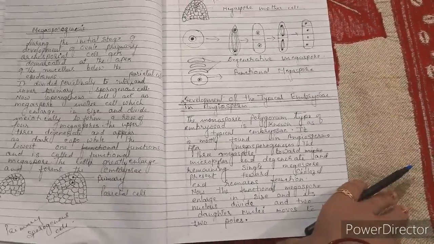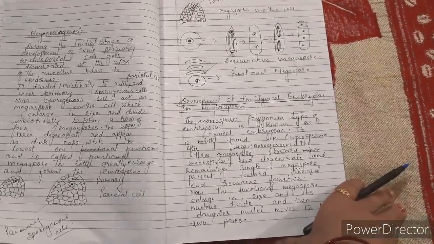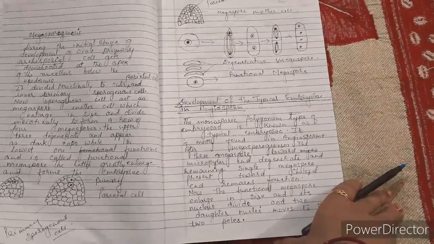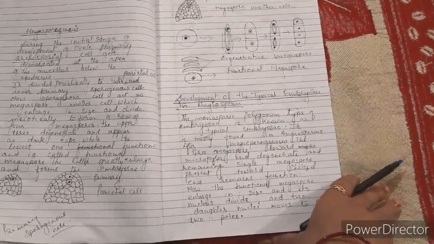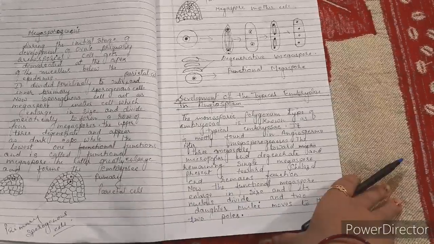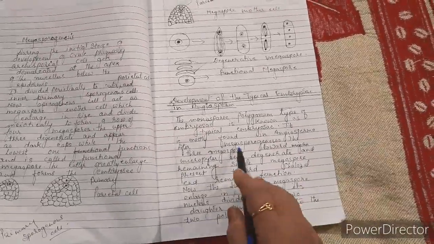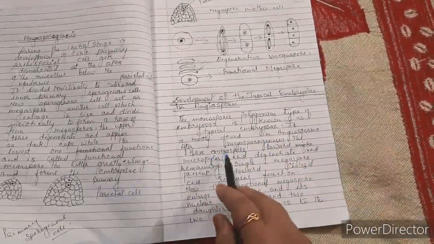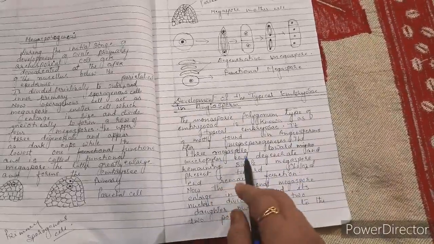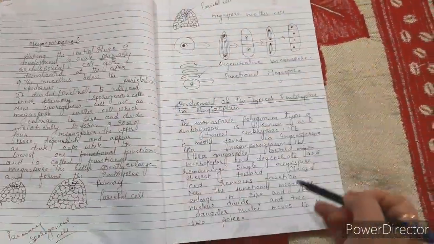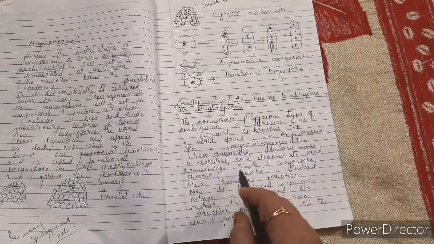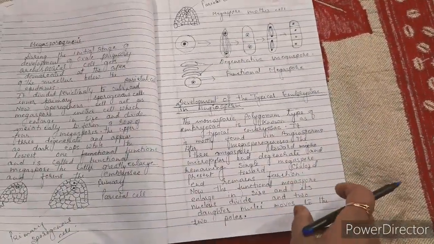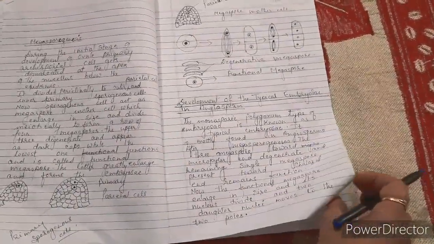The monosporic Polygonum type of embryo sac is known as the typical embryo sac. It is the most commonly found in angiosperms. After megasporogenesis, the 3 megaspores toward the micropylar end degenerate and the remaining single megaspore toward the chalazal end remains functional.